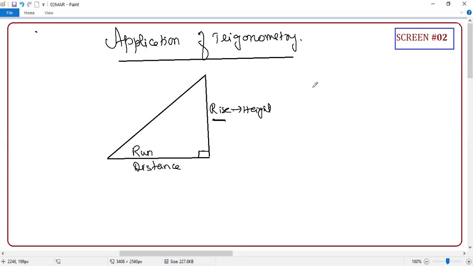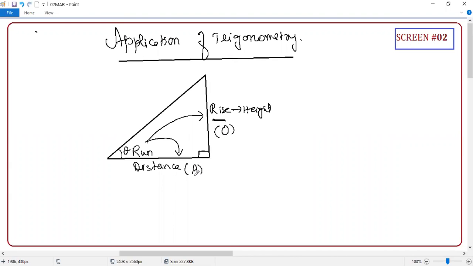You have learned trigonometric ratios, sine, cos, tan, and the reciprocals of those three. But in application of trigonometry, heights and distance, if I put theta, this is the opposite side and this is the adjacent side.